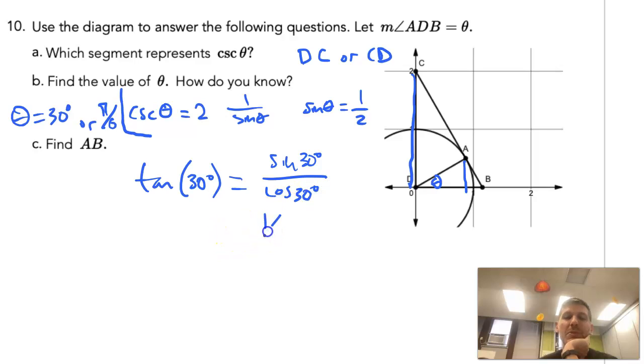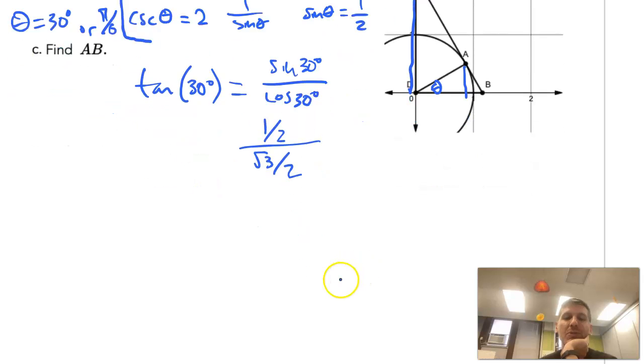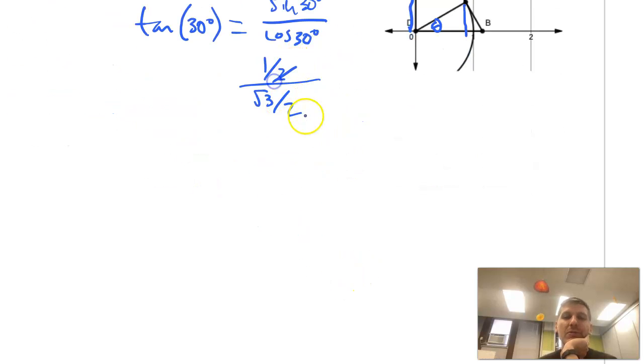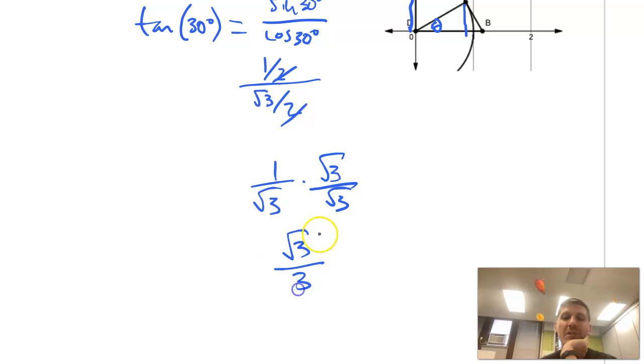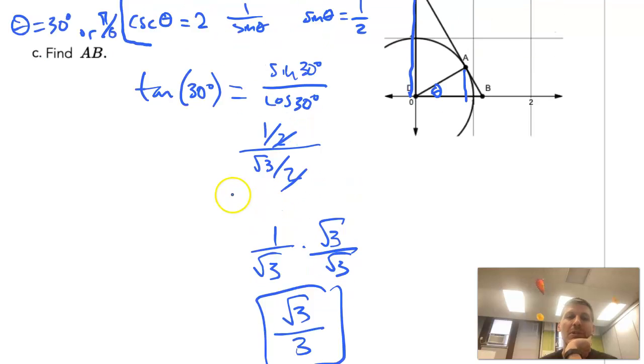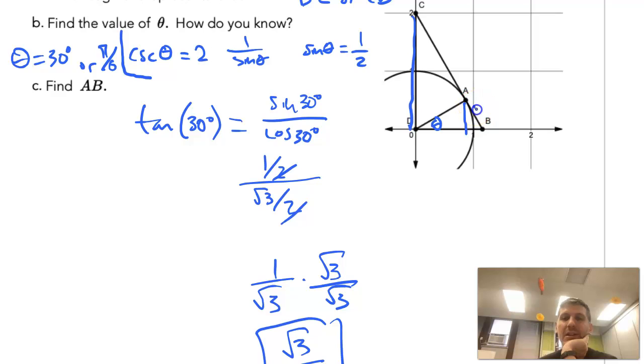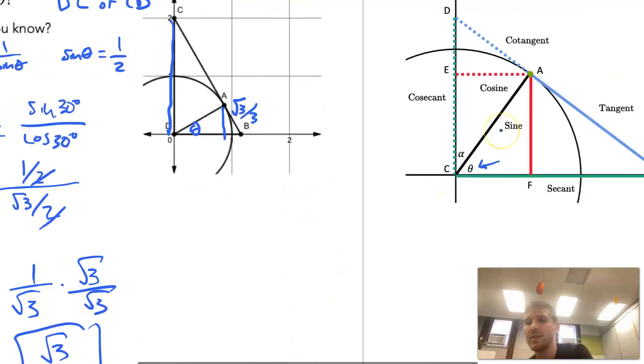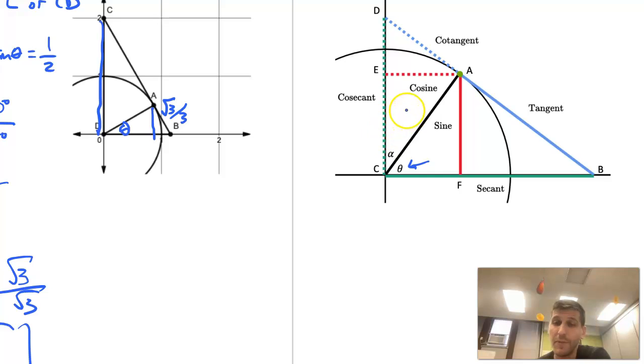So this would just be 1/2 over root 3 over 2, which simplifies to 1 over root 3, which simplifies, if I multiply the top and bottom by root 3, to root 3 over 3. So the length of AB in this case would actually be root 3 over 3. And we know that because the tangent of 30 degrees corresponds to that value, which is root 3 over 3.